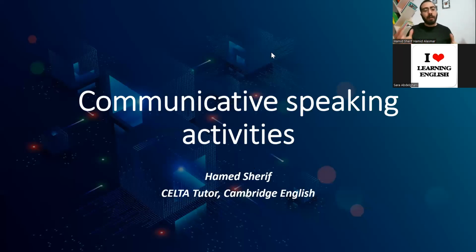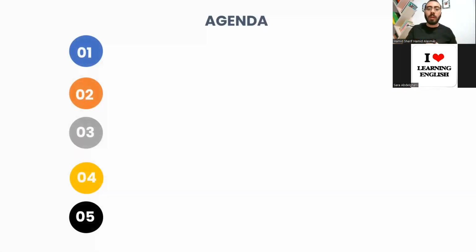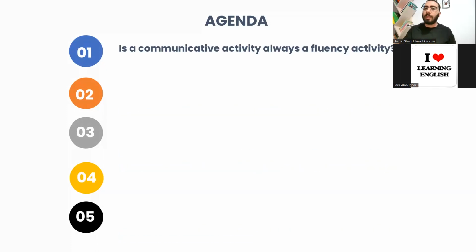Now, for the session today, basically we'll be concerned with communicative speaking activities. What's the relation between communicative speaking activity and fluency activity, and what can we consider a communicative speaking activity? First, let me walk you through some of the questions that will be answered today.